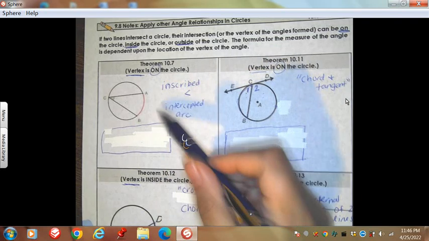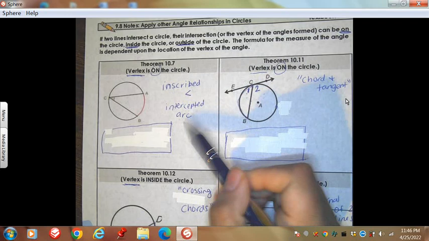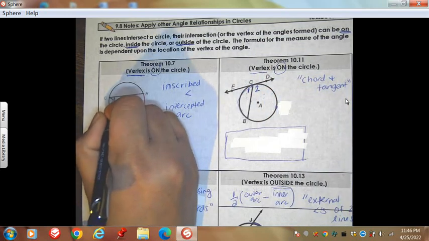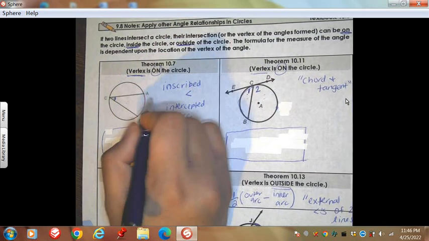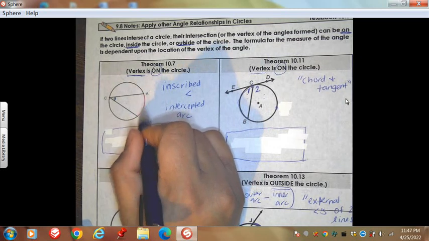So I wrote down here that this is an example of inscribed angle, or you can also mention intercepted arc. Those are the two things that we see in this diagram. This right here is the inscribed angle, angle C, or ACB, and then arc AB is the intercepted arc.